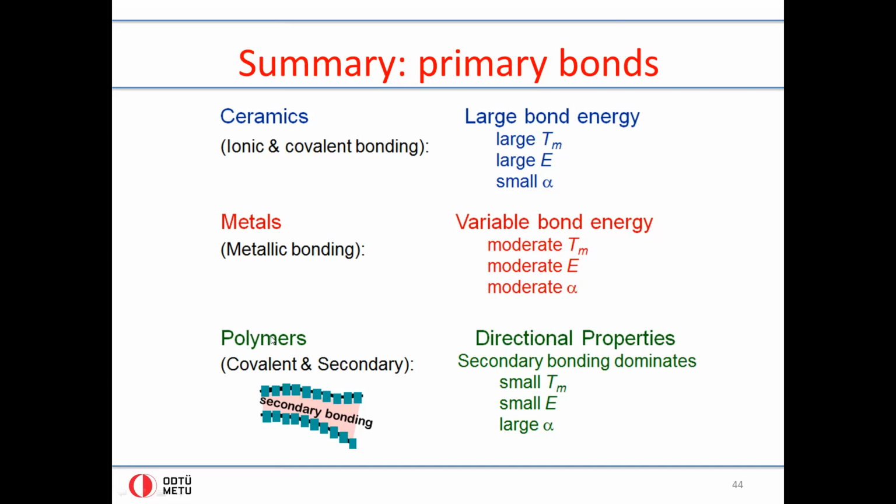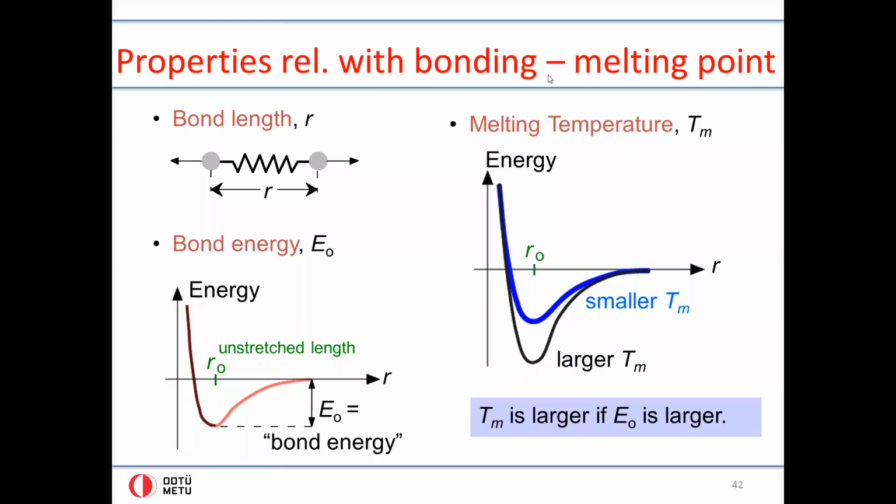Whereas polymers, because of the secondary bonding involved in them, tend to have small Tm, small bond energy, and large alpha value.